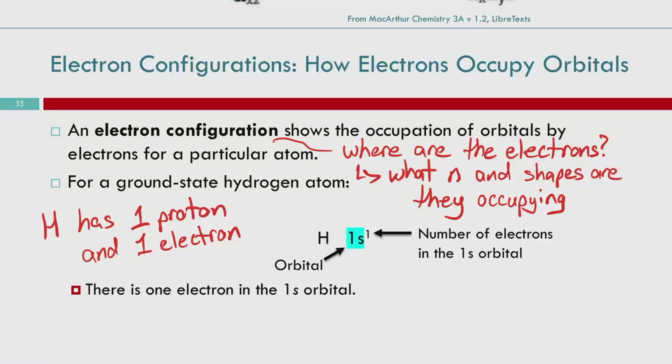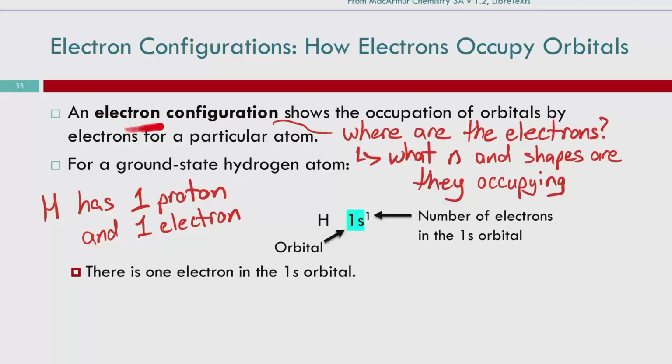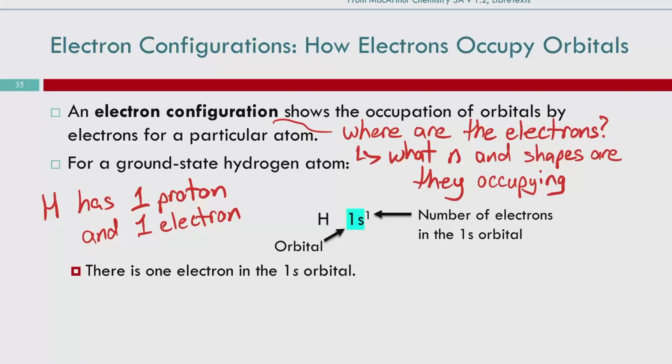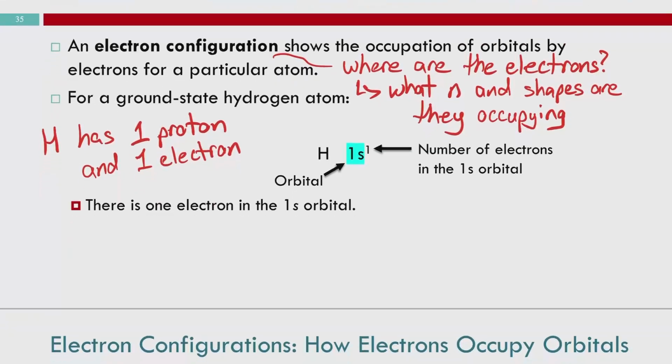And this was all sort of just giving us a basis for where we are sticking our electrons. So when we're talking about electron configurations, it's just where are the electrons, like how many are in each of the different places, the different orbitals. What sort of shapes are they in? We should also know the shapes behind that, but this was where we were trying to arrive: electron configurations.